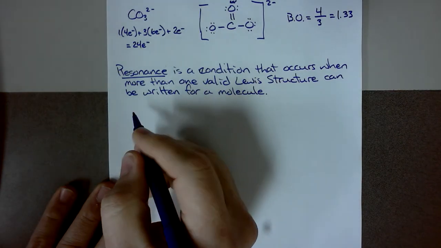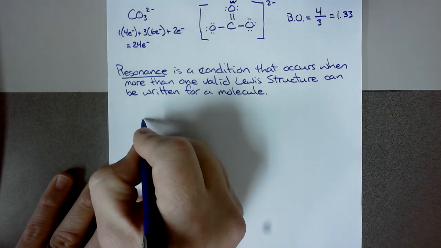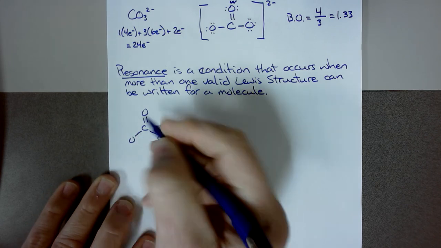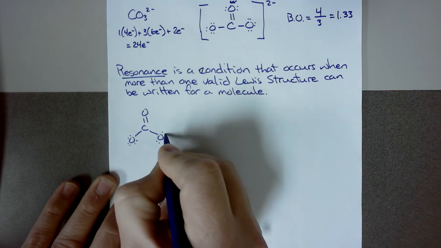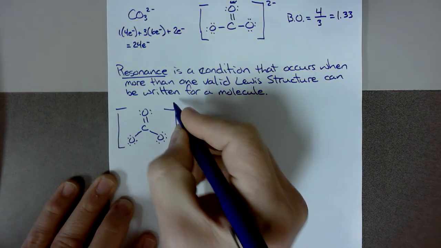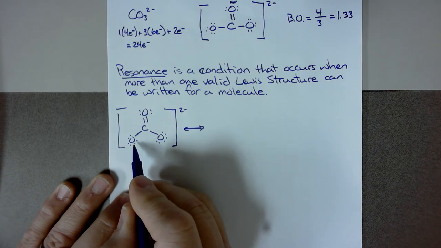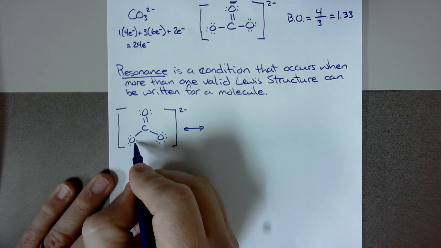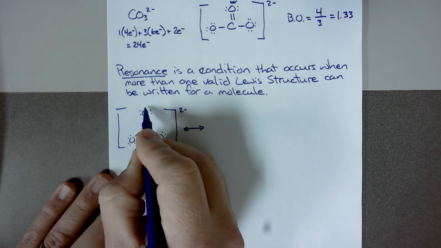So if I look at my carbonate, I have my first structure up here, so we have carbon. I'm going to put it as a triangle now, so there's my first structure. Now, I could have taken the electrons and shared them from this oxygen. In fact, that's what I'm going to do for my next structure: this lone pair is going to go down to make a double bond, but that means these have to go back up to here.